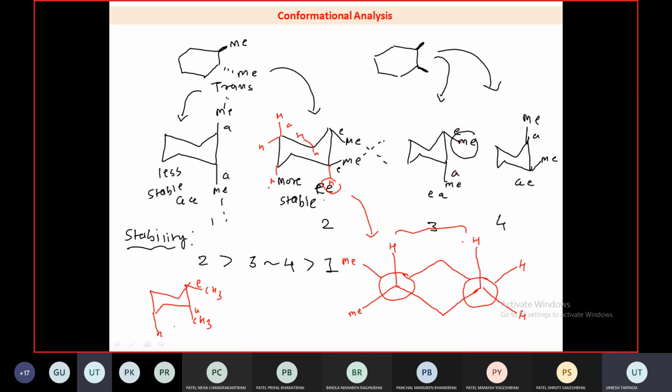Axial methyl-hydrogen interaction is there. So if you draw the same structure for this molecule, here methyl, one group which is as it is. This is the front side carbon, hydrogen, here hydrogen, here it's a back side methyl group, CH3. This is at axial position.